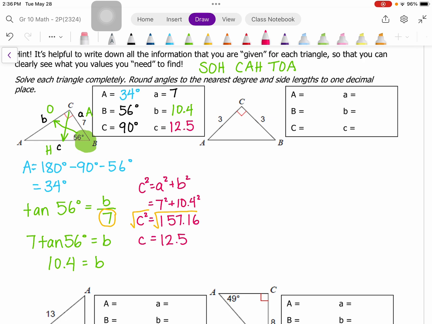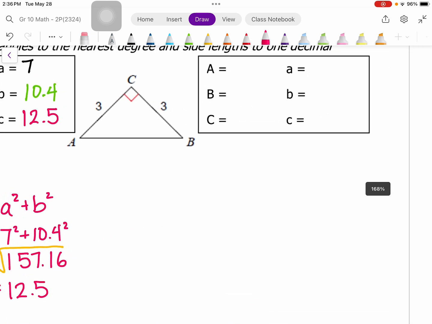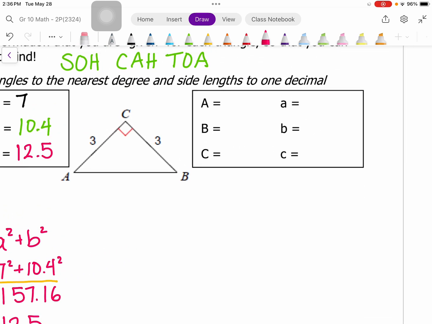Let's look at another example over here. So my starting point, I have side length c, side length b, and side length a. I know a and b for side lengths are each 3, and I know that angle C is 90 degrees. So I need to solve for angles A and B and side length c.